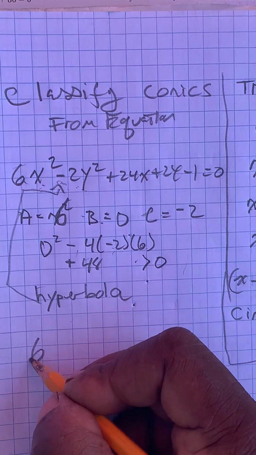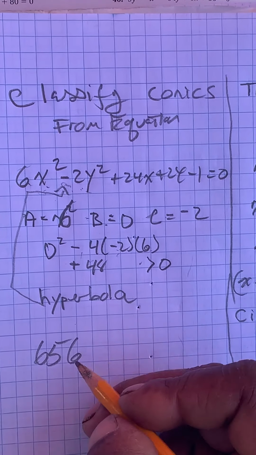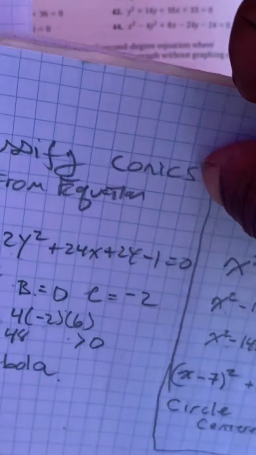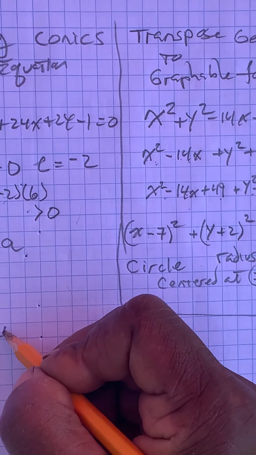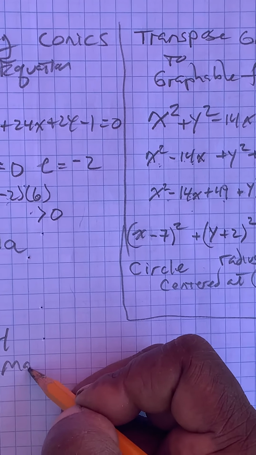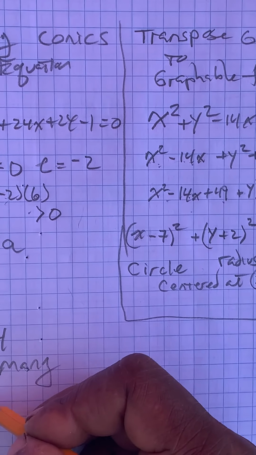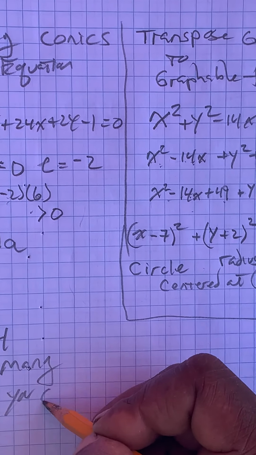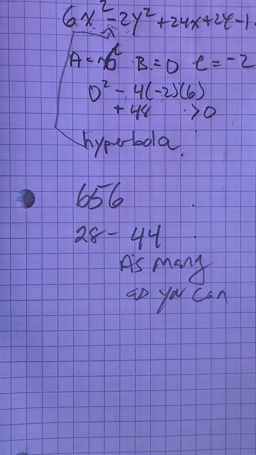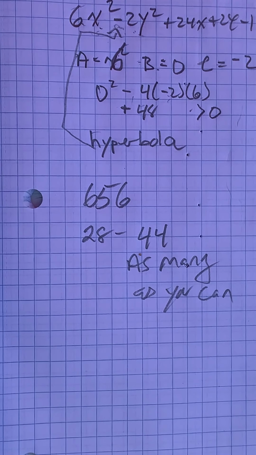This is page 656, and you're doing 28 to 44, and you try as many as you can. The more the merrier, the more intellectually challenging you can become, the better you'll get at this stuff, and it'll give you something to do.